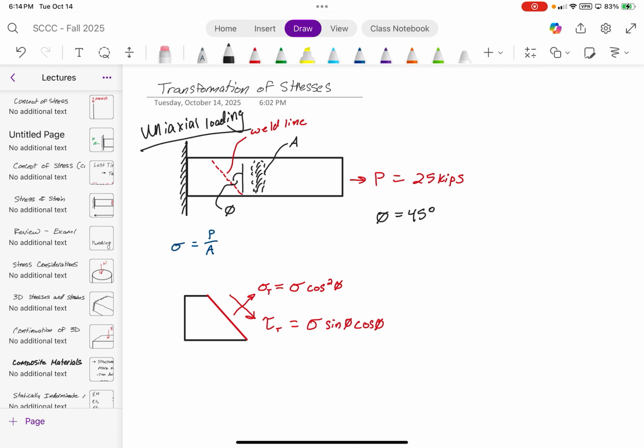What would the stresses along the weld line have to be? Can somebody compute that for me real quick? You need the area, which we'll say, just to be nice, is 1 square inch.